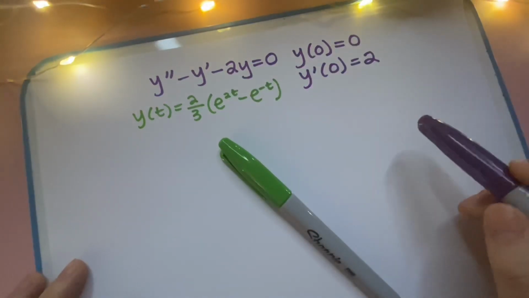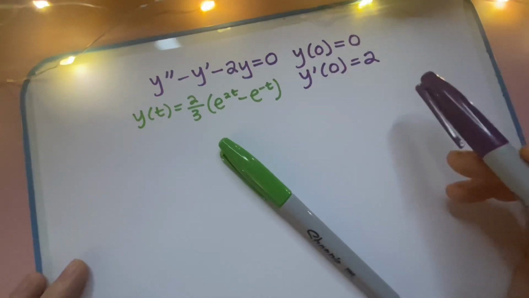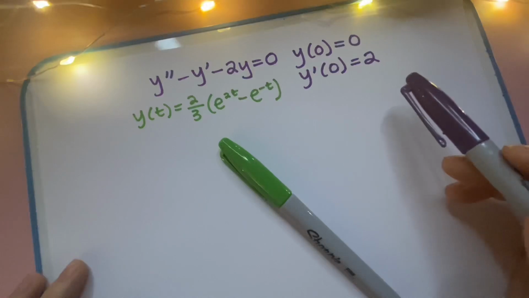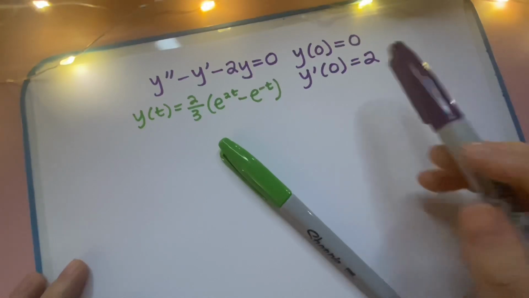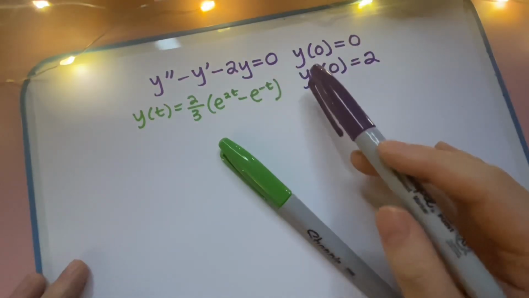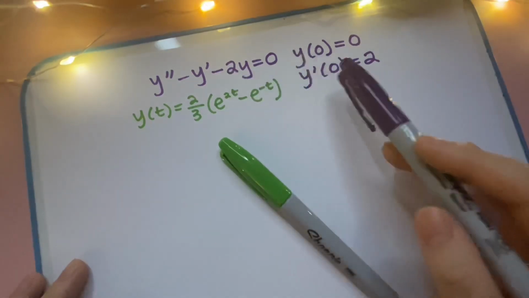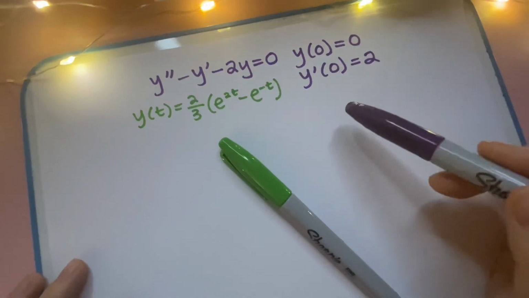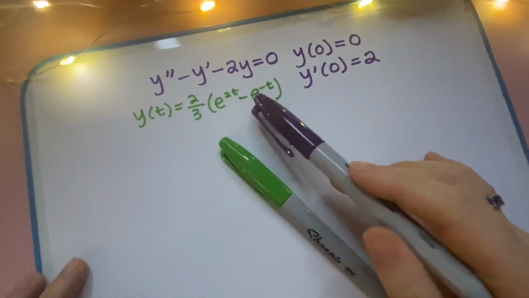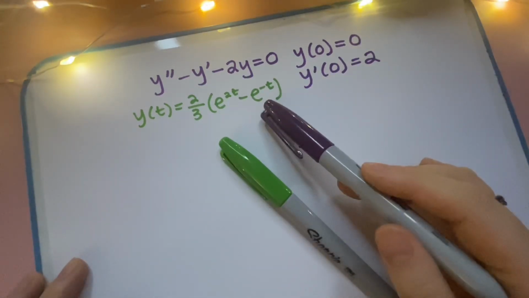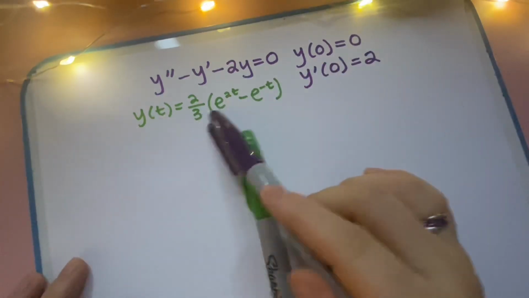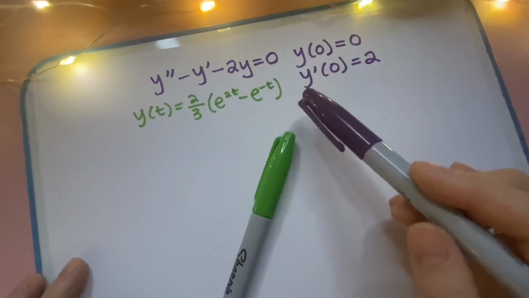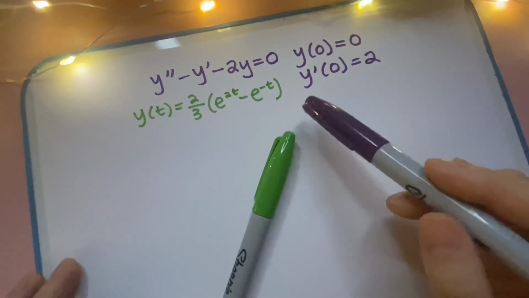It's an initial value problem, and in that video we used the Laplace transform to solve this, even though if we move the 2y over, we can get a Bernoulli equation. So there are other ways to solve this, but we used the Laplace transform, and I wanted to just check our actual answer to make sure that it's correct.